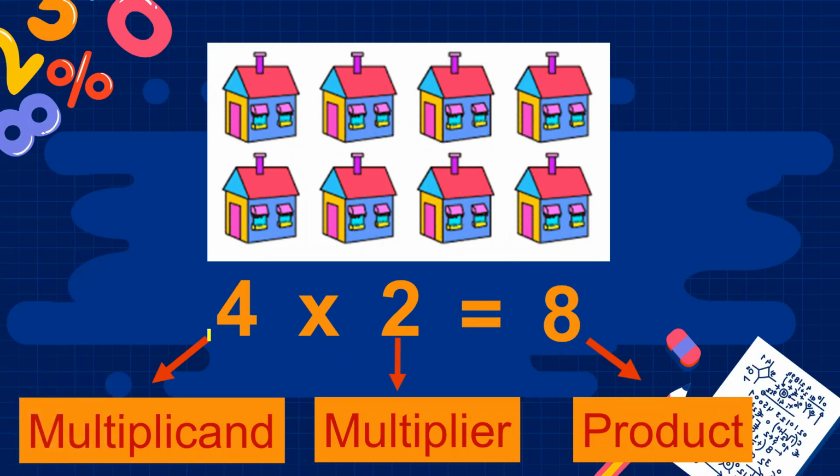So multiplicand, number of items in each group. And 2 is our multiplier, the number of groups. So we have first group and second group. And the answer from multiplying our factors is what we call the product. So 8 is the product of 4 times 2.